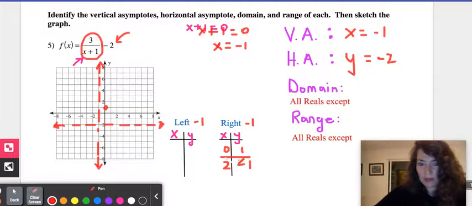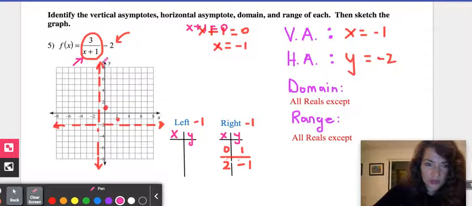So I'm going to go ahead and put the point when x is 2, y is -1, which is this value right here. And we already know this is a hyperbola, so if we sketch the right side, it's going to be a curve going towards the asymptotes, going through these 2 points, and then continuing towards the horizontal asymptote, but never reaching it. So now we have our right side.